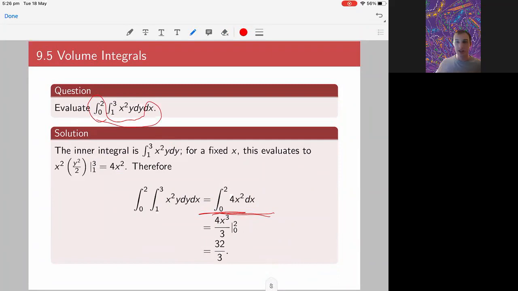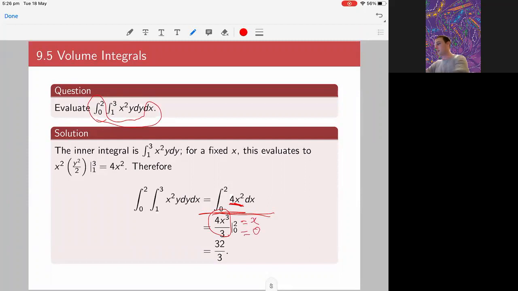That's just a single variable integral that we've spent a lot of time working on so far. And the way to do that is to find an antiderivative for 4x squared. An antiderivative is 4x cubed on 3. And we have to evaluate that between x equals 2 and x equals 0.